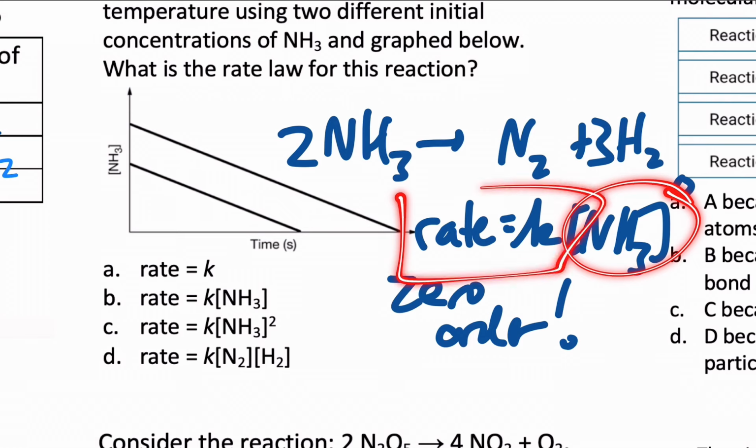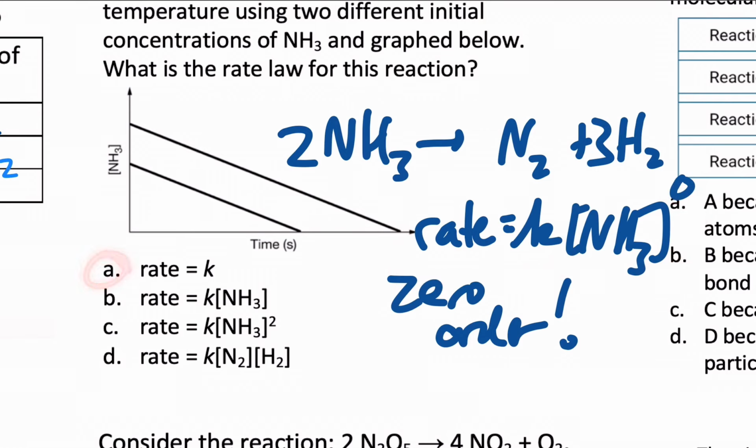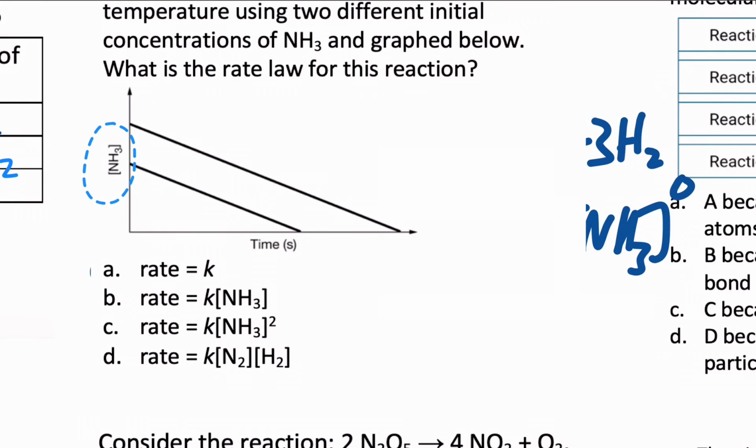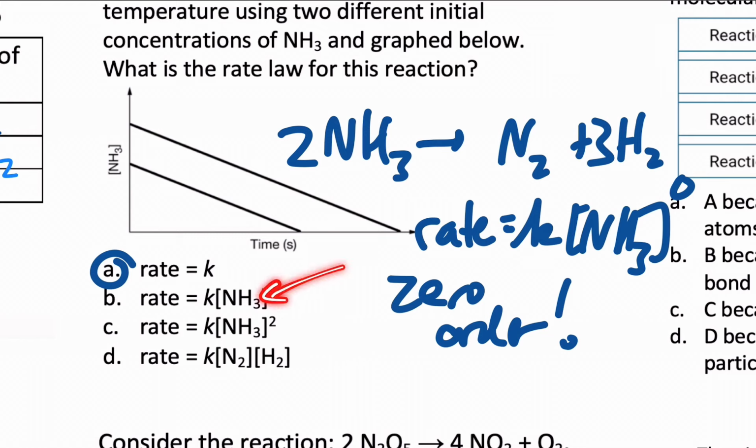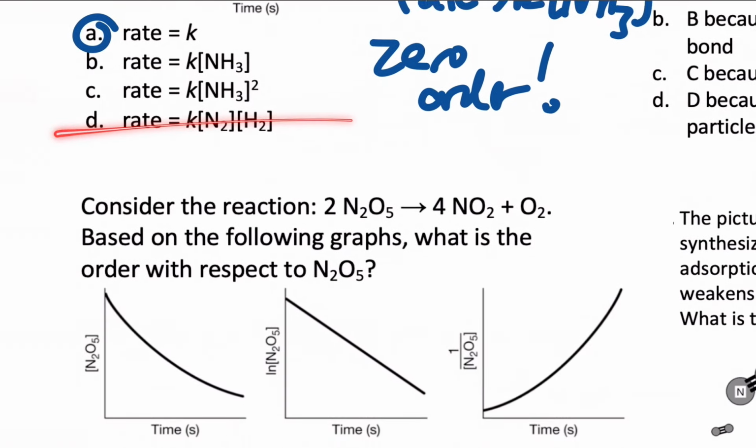So the rate is just constant. So rate is k, and the correct answer would be A. If this showed me a logarithm on the y-axis, then I would choose the first order. If this showed 1 over molarity, I would choose the second order case. And if it was the reverse reaction, they'd give me information about that. Maybe it'd be choice D, but clearly not in this example.